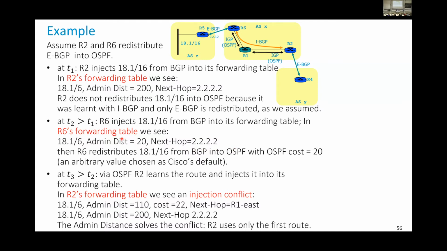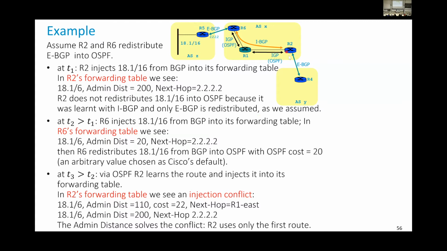So at R6, we will see this route here that is learned by Ebgp, so administrative distance 20. Then this will propagate by OSPF because OSPF takes all the things that have been redistributed into OSPF. So by OSPF, R2 will learn about this. That's the goal of the redistribution of Ebgp into OSPF.